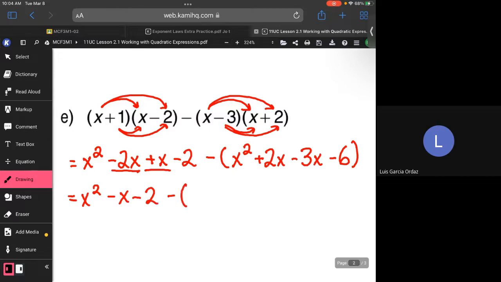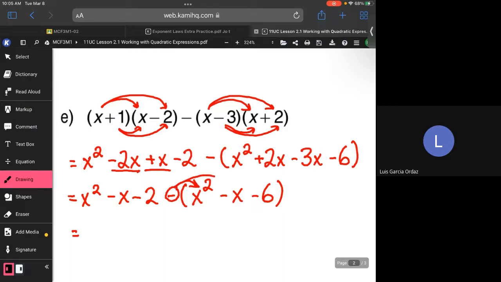Now my like terms in the bracket are 2x and -3x. So what does that simplify into? 2x minus 3x. What's 2 minus 3? Negative x. Yep. So negative x minus 6. And now, what does this negative do to everything in my bracket?